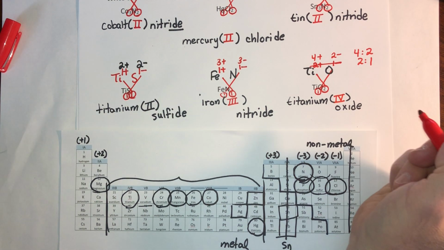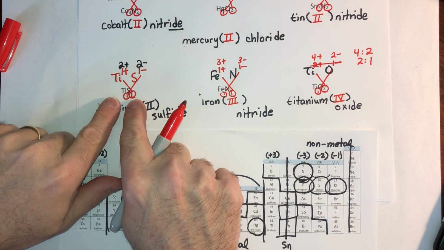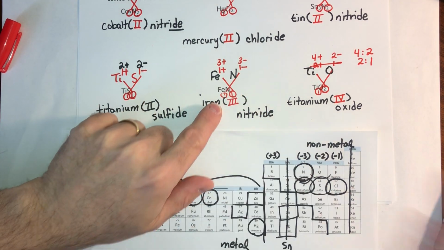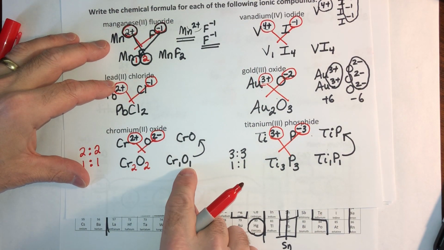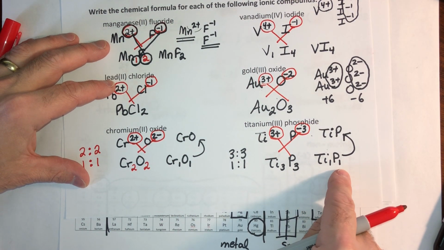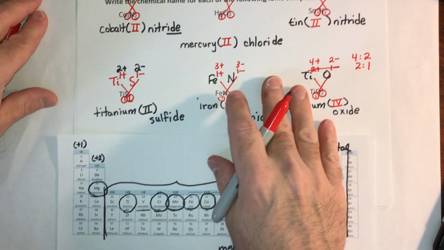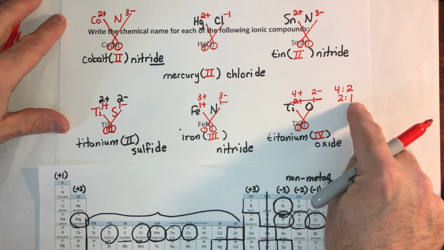The reduction to the lowest ratio usually ends up in a 1 to 1. Usually when you reduce, you end up with 1 to 1. If you look at the examples from earlier, 2 to 2 turned into 1 to 1, 3 to 3 turned into 1 to 1. But you can get unusual cases where a 4 to 2 turns into a 2 to 1.